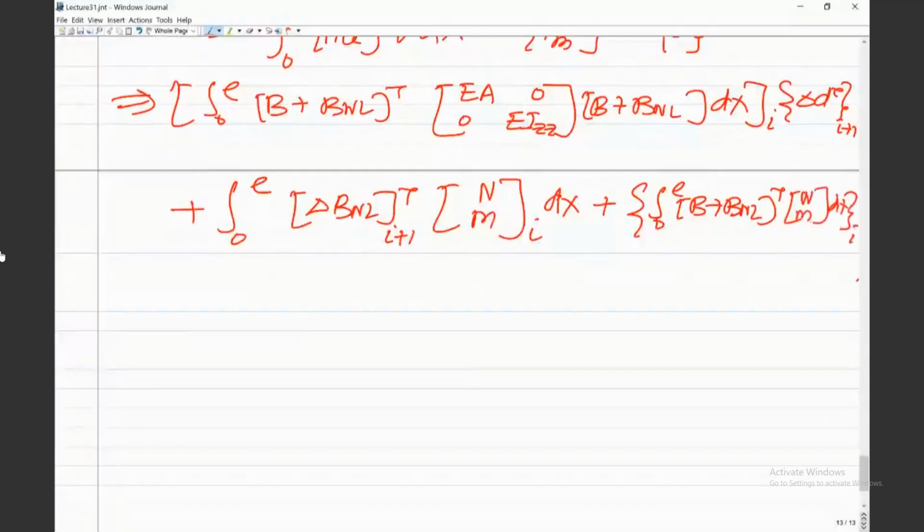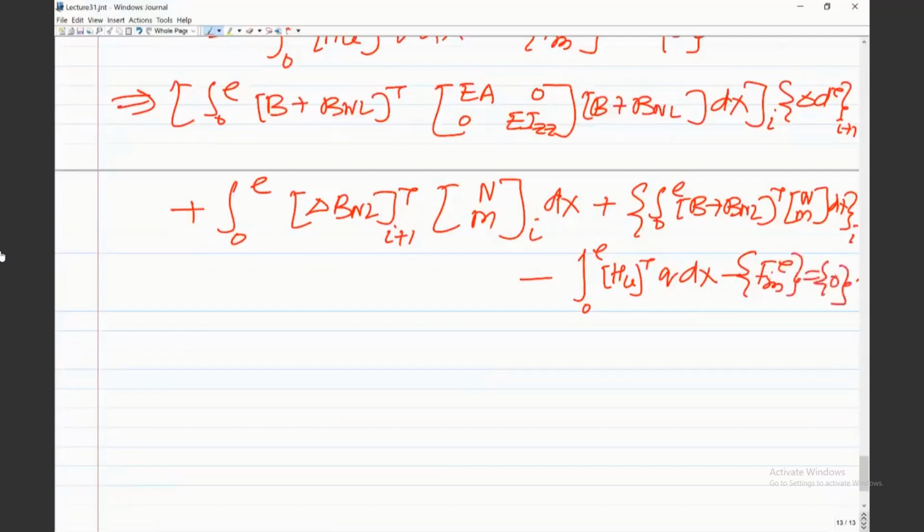This is evaluated at previous iteration, minus of course external load vector, so HB transpose Q dx, and minus this internal load vector is equal to a null load. So you can write it like this.